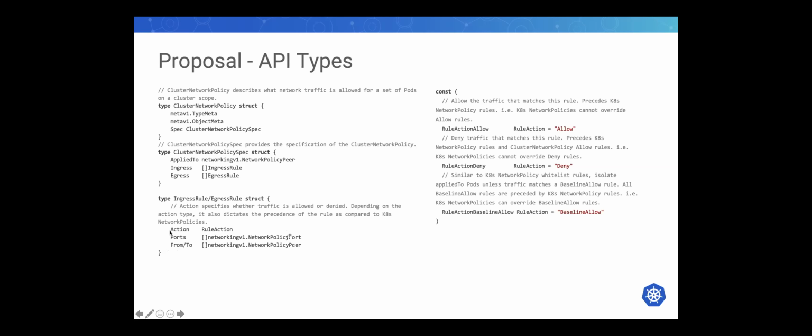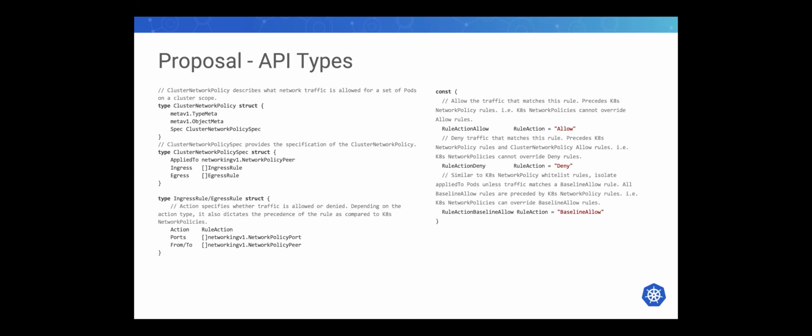The new field that you see here is an action, which is of type something called rule action. The action field is pretty important. For one, it is not available in the Kubernetes network policy because all Kubernetes network policy rules are whitelist rules only.